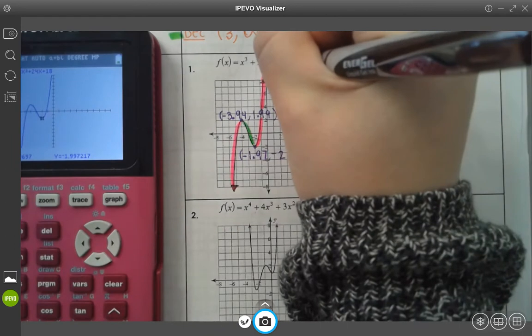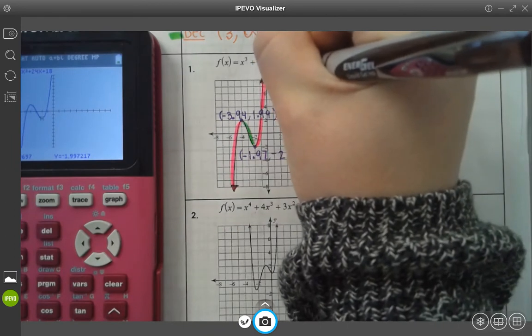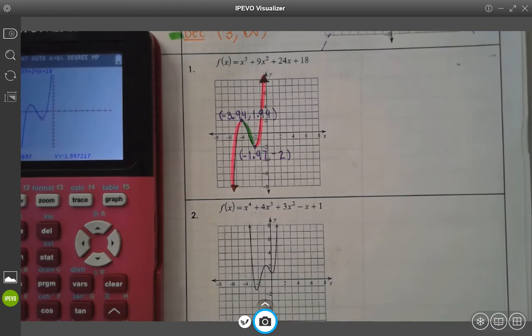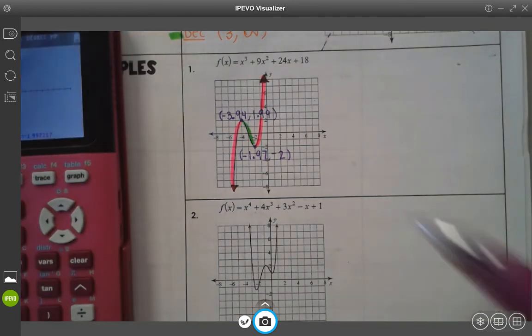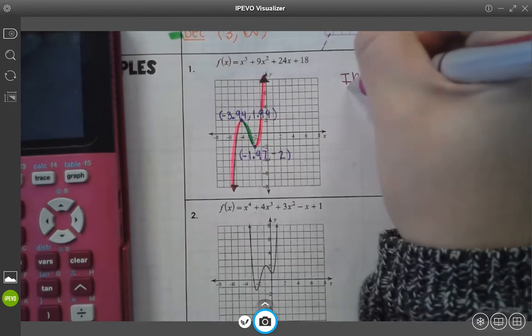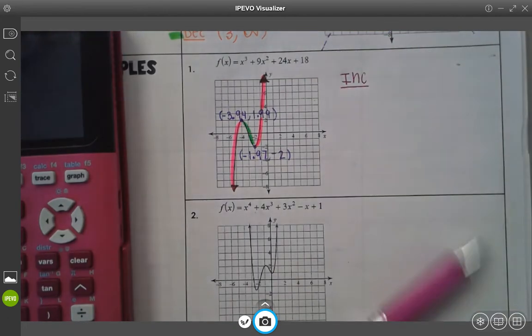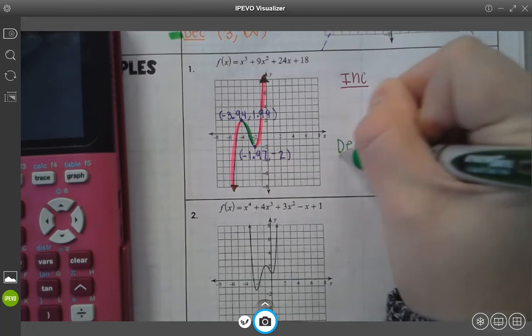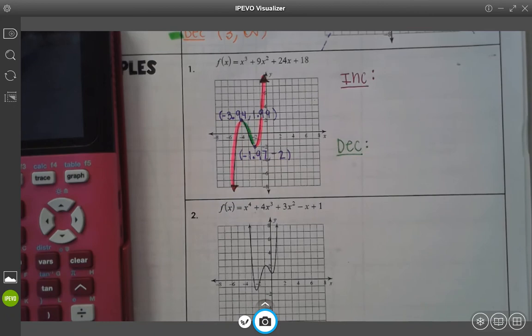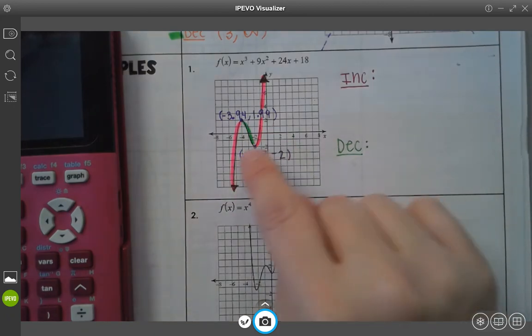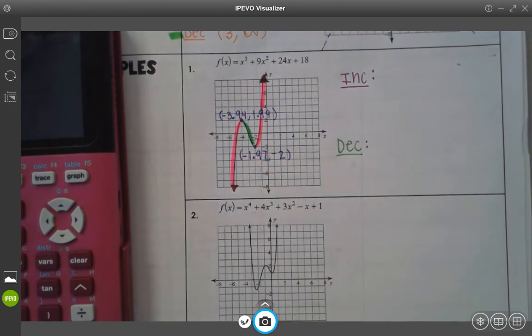They're arrows. And then up here at the top. So we have 2 intervals of increasing and 1 interval of decreasing.